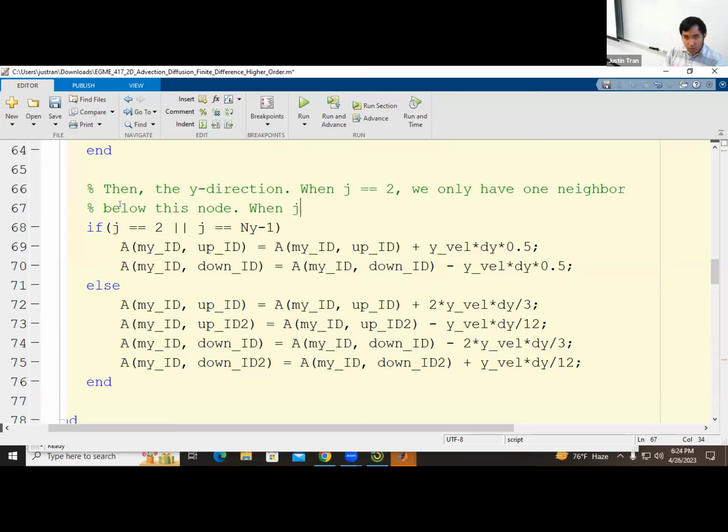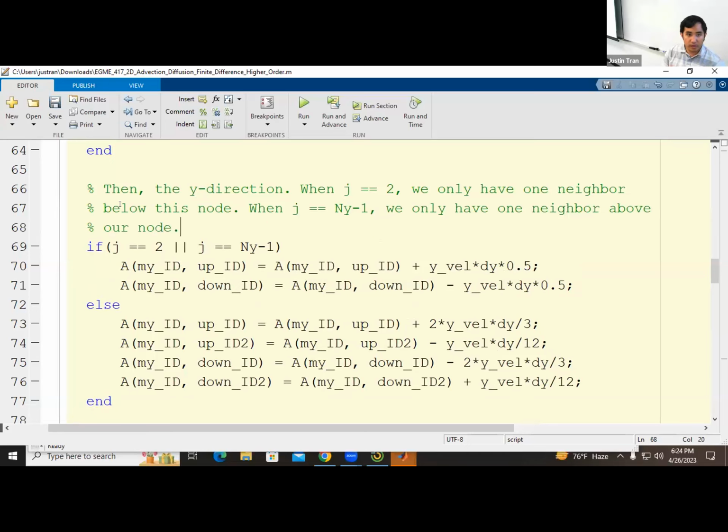When j is equal to ny minus 1, we only have 1 neighbor up top. Okay. And so same thing, we can't apply our higher order scheme if we only have 1 neighbor in that direction. Okay. And so that's what this if statement is saying here.